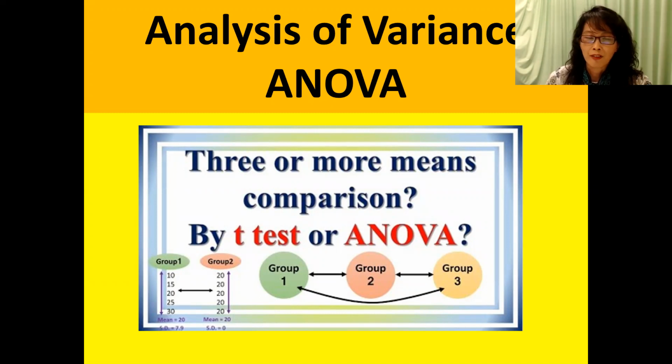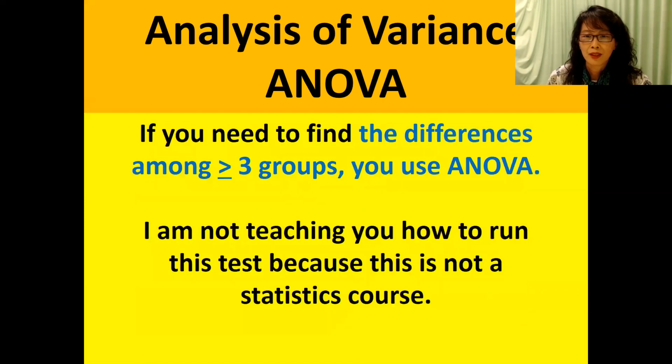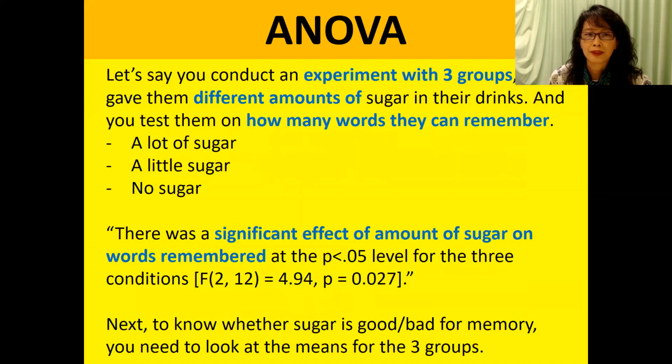So ANOVA is a very powerful inferential statistical test. I will not teach you how to run an ANOVA test, but more on how to interpret the results when you see them in journal papers.